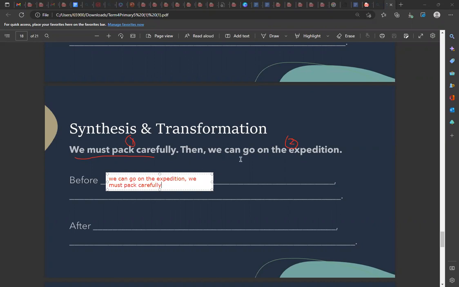It is imperative that we have the order right. For before questions, we always put the second event first. And then we put the first event in time later in the chronological sequence. That means the second event in time appears first: before we can go on the expedition, followed by the first event in time: we must pack carefully.